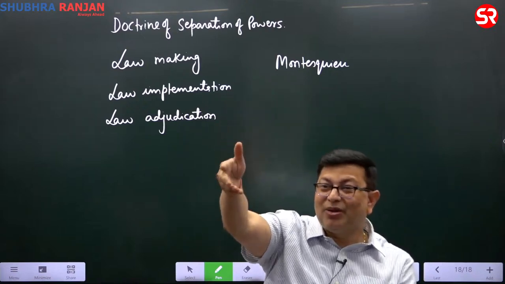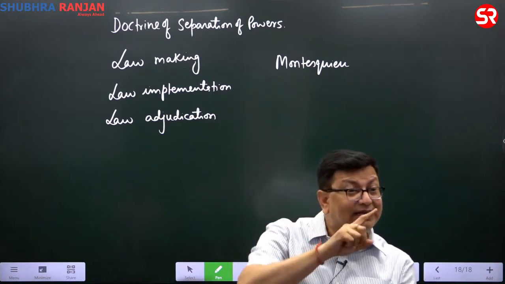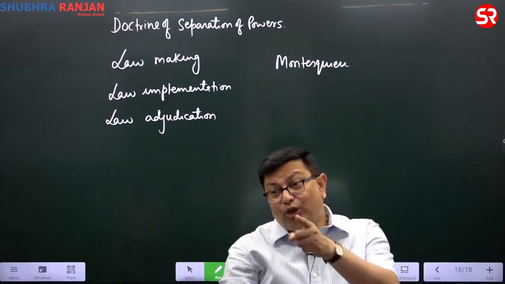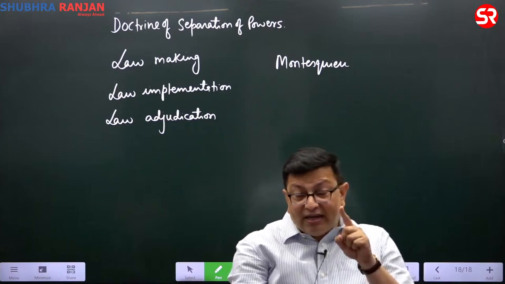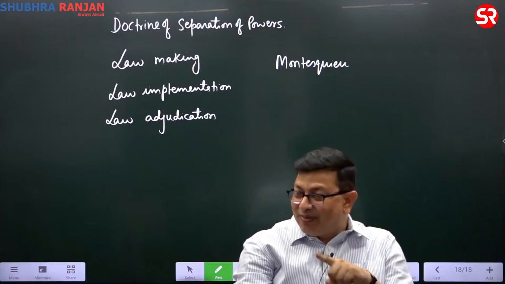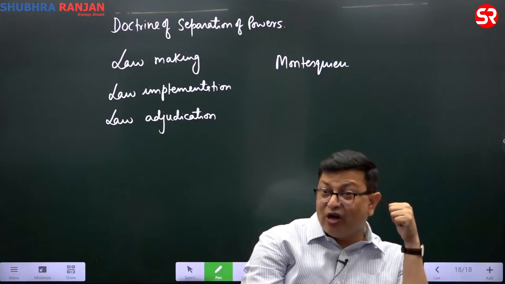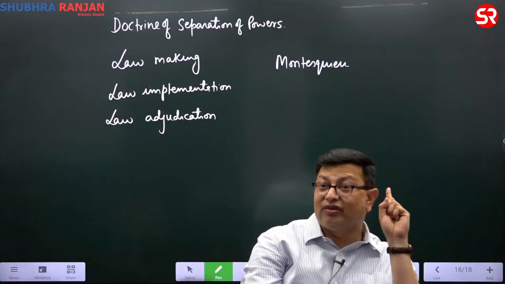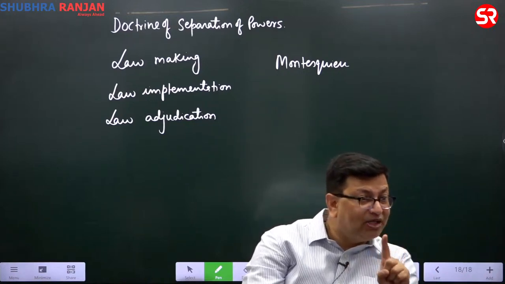Otherwise it looks like a philosopher gave a crazy concept. But if you understand in what context the philosopher has given this view, you will be able to appreciate things. That is why I was talking to you with respect to division of powers and separation of powers. Wherever there is separation of powers, it means the separation between the three functions of the state: law making, law implementation, and law adjudication.